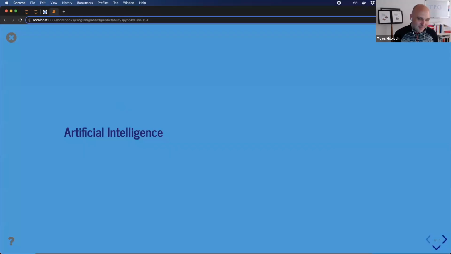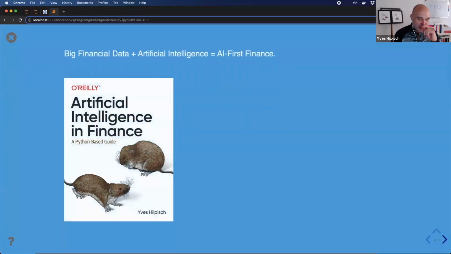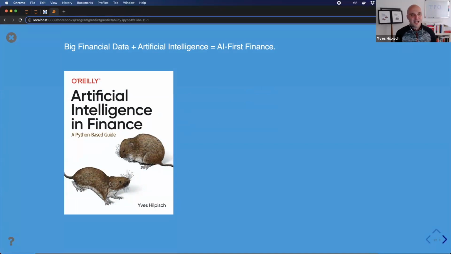And maybe big financial data in combination with artificial intelligence, and here I'm not going into any details. So many details, also Python code and examples, etc., are discussed in my book, Artificial Intelligence in Finance. But the basic message is, if we rely on big financial data, which is available today, and add artificial intelligence to the mix, we end up at AI-first finance.